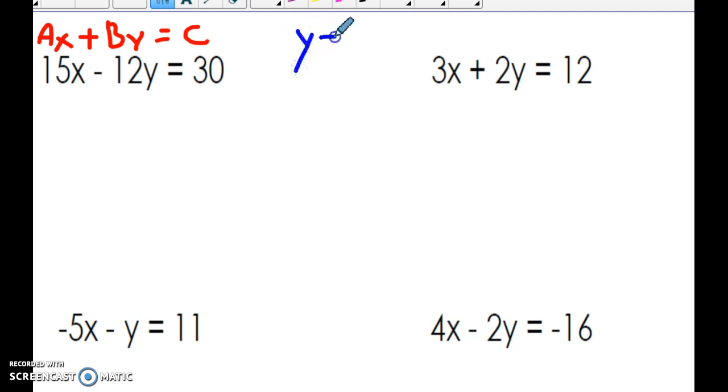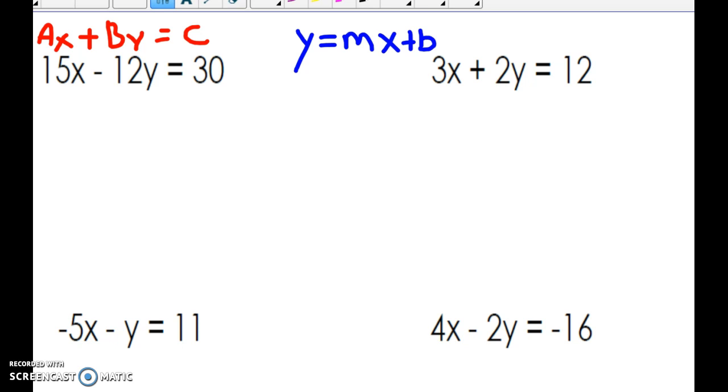Slope-intercept form is y equals mx plus b. So that means that I'm going to have to solve for y. I'm going to have to get everything that's not y over to one side. I'm going to have to subtract, multiply or divide, do whatever I have to do. So I'm going to work through these two with you and have you try the bottom ones on your own and check. So let's get started.